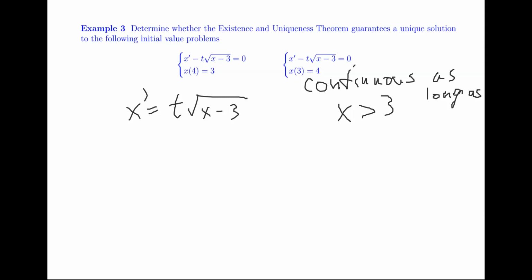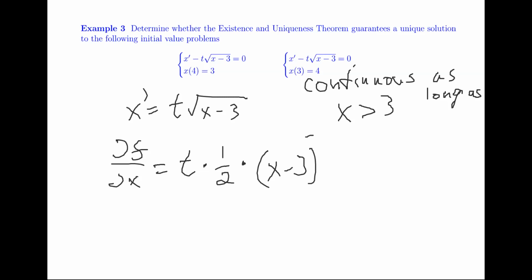Let's go ahead and take the partial of f with respect to x just to check that. And we get t times 1/2 times x minus 3 to the negative 1/2. So again, we get that it is continuous as long as x is greater than 3.